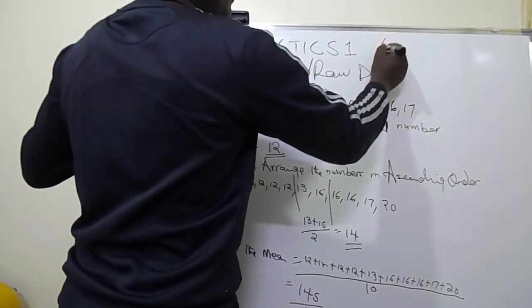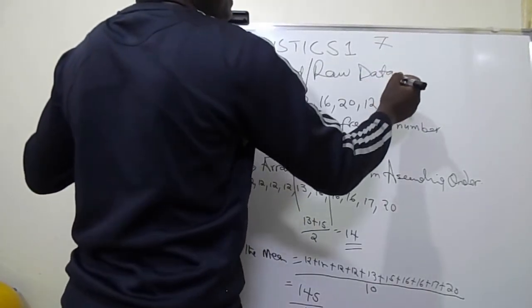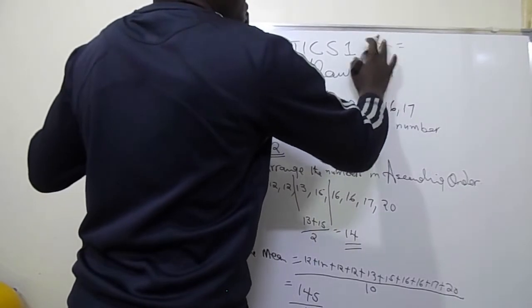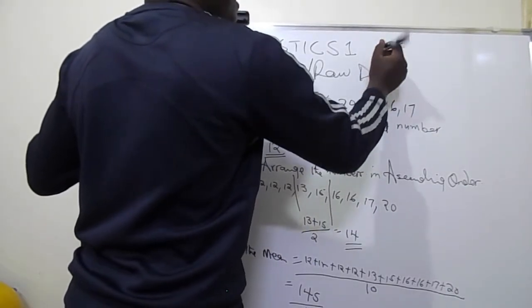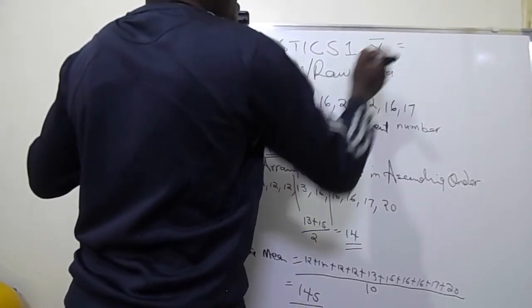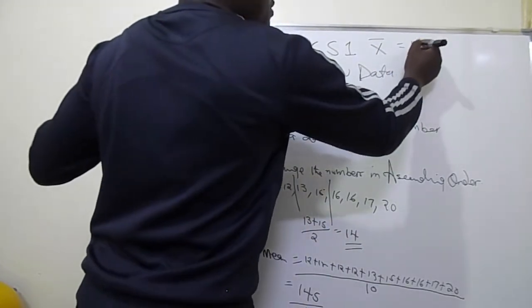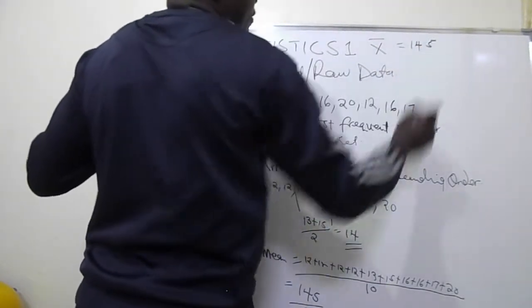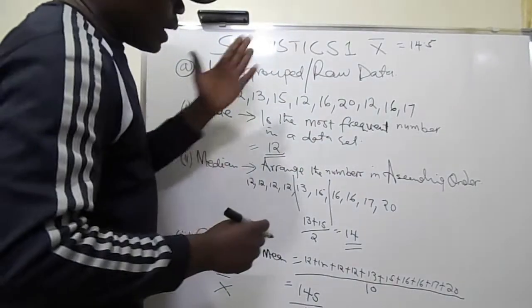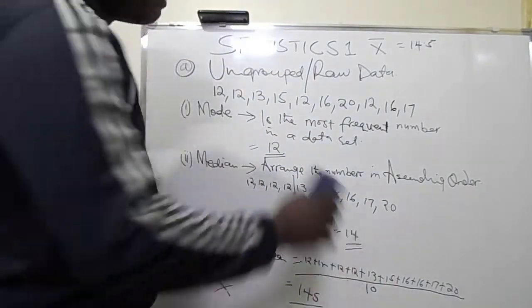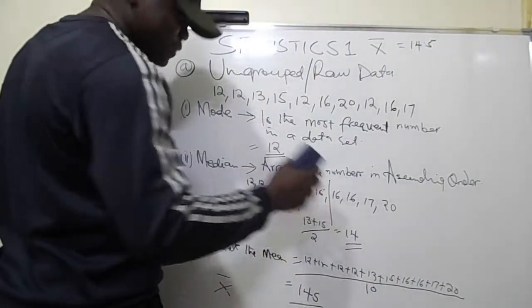So our mean, which is represented by X bar, let me just be clear, X bar is going to be 14.5. Don't forget that.